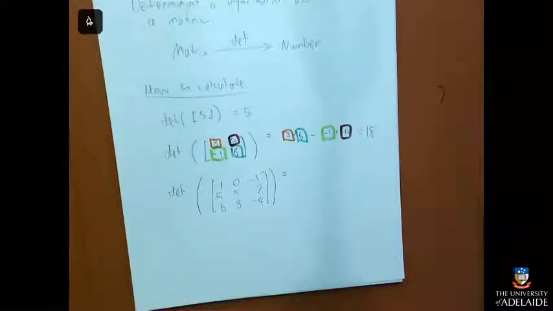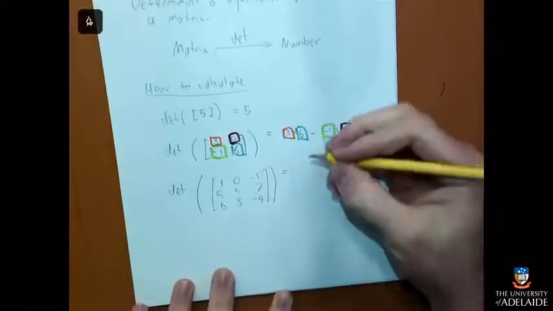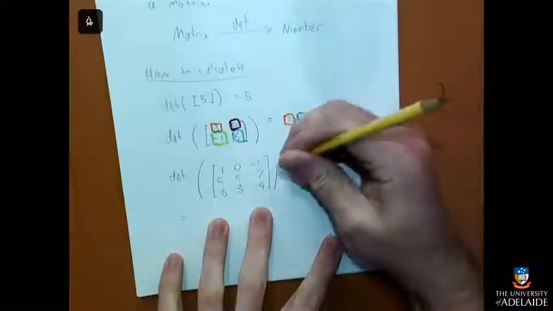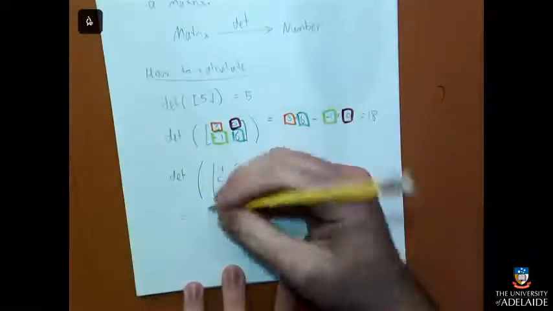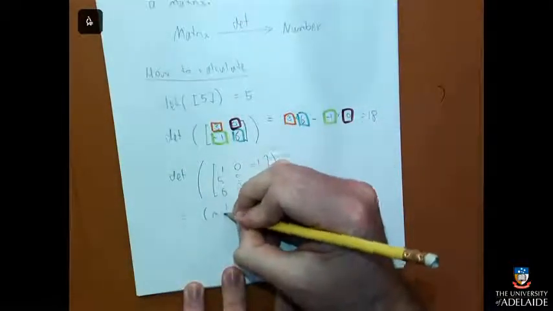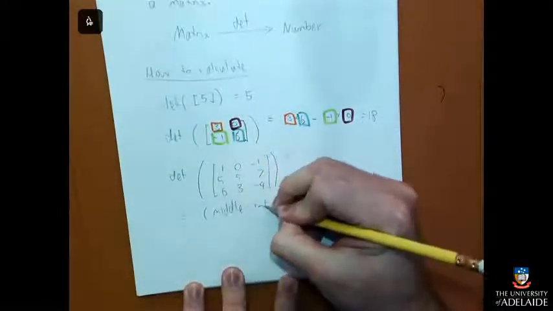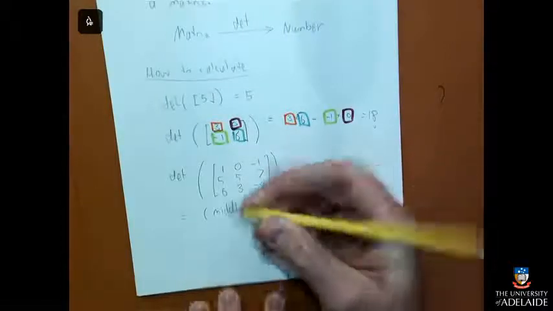So I can choose any row or any column I like, and I can use the entries in that row or column and the matrices that are left by removing that row or column and construct the determinant from that. So I might, for example, pick the middle column.